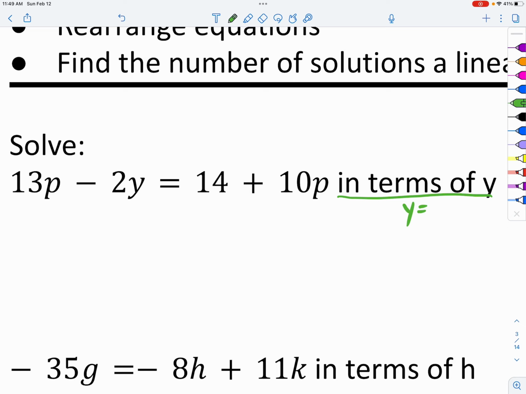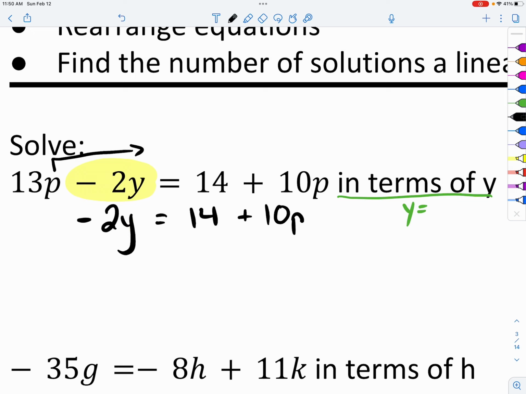How you rearrange is the exact same way you solve equations, right? You want to get rid of terms. So if we're looking at this problem, and I want to get the y term by itself, that means I want to get rid of that 13p. I still have the negative 2y on the left side, and 14 plus 10p.